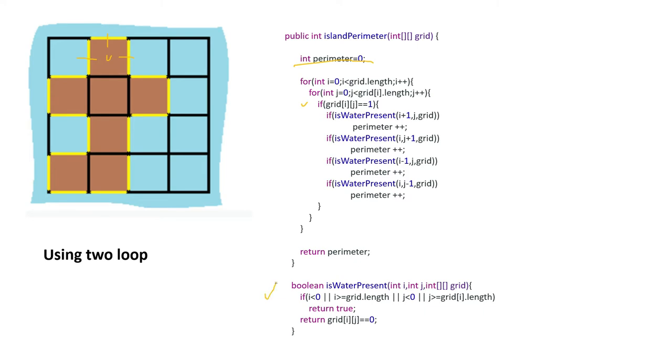So using this, check here whether i is less than or equal to 0, or i is greater than or equal to grid.length. These are the conditions used to check whether it is going outside of the boundary or not, right? At that time we have to return true, because that will be considered as a perimeter. Okay, one value we can add there.